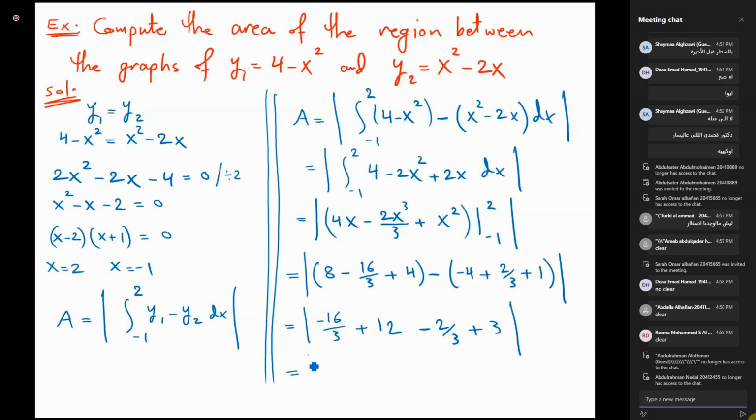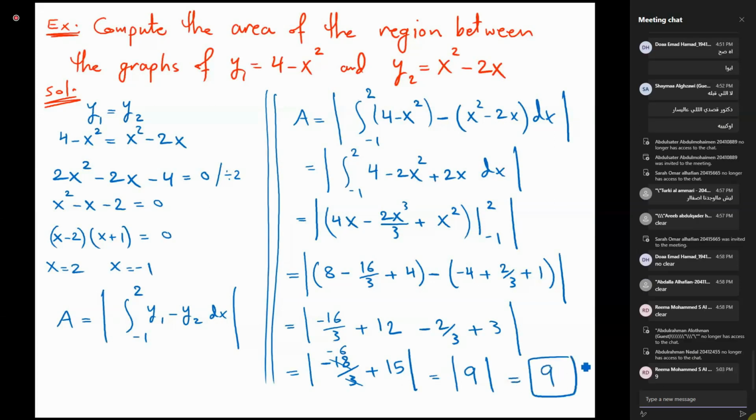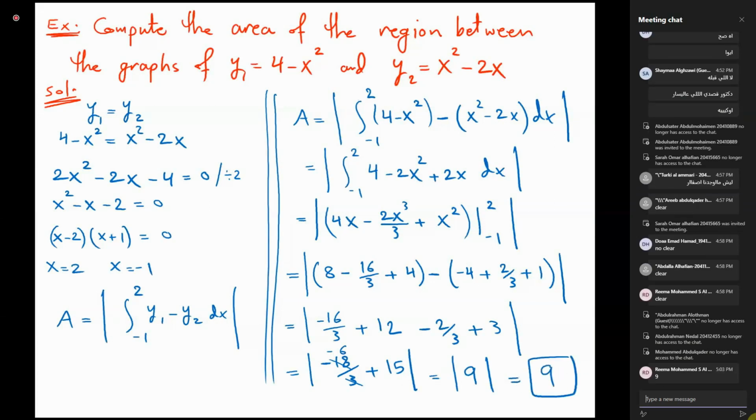So we have minus 18 over 3 plus 15. Minus 18 over 3, dividing by 3, we have minus 6. So we have 9 with absolute value equal 9. So the area between y1 and y2 equals 9.